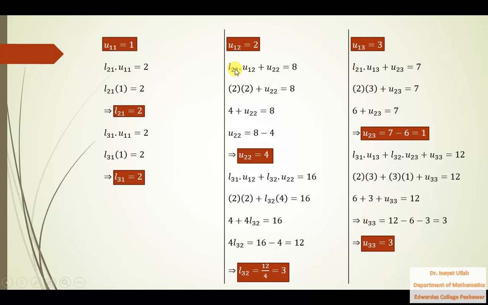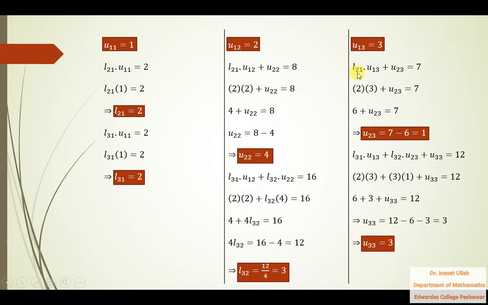The second element of the second row on the left side is equal to the second element of the second row on the right side. From above we see that U12 is 2, so replace U12 by 2 and L21 by 2 to get U22. Multiply these two, move it to the right side, and we will get U22.